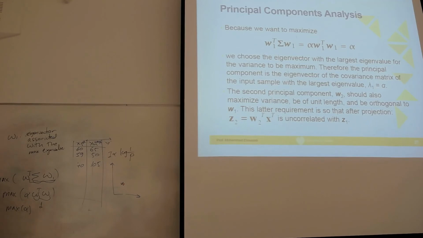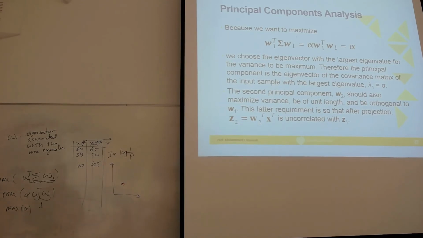Okay? The maximum eigenvalue. Now this is W1. It means that this is the first projection. Now we are looking for the second projection. The second principal component, W2, should also maximize the variance as we did before.